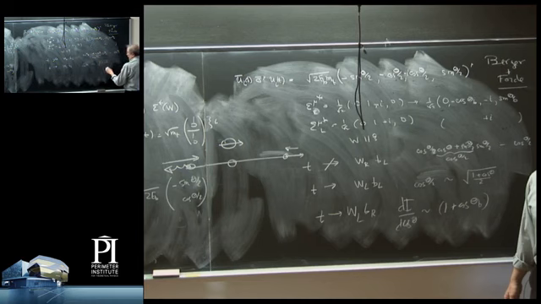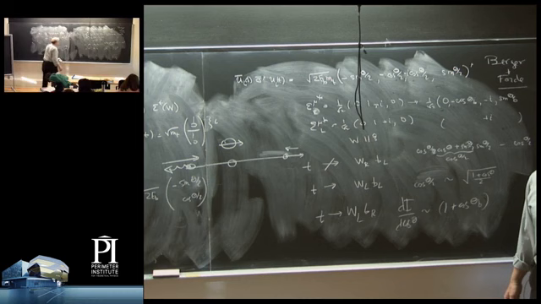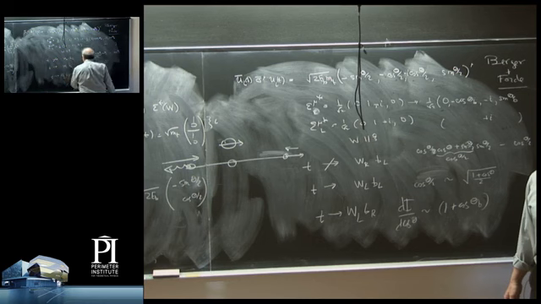And when I square it, I'll get a 1 plus cosine theta b angular distribution. So for this process here, top goes to W left, b left, the angular distribution is 1 plus cosine theta of the bottom quark.